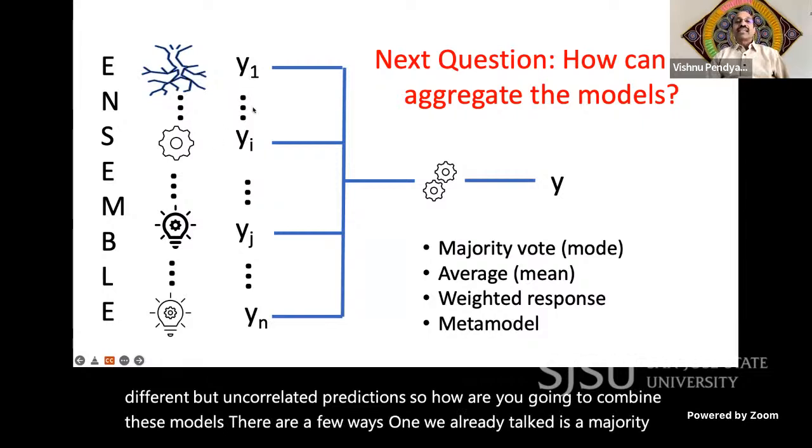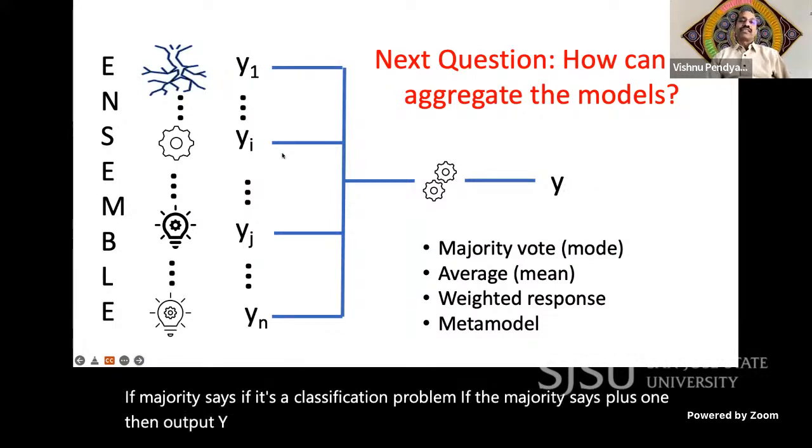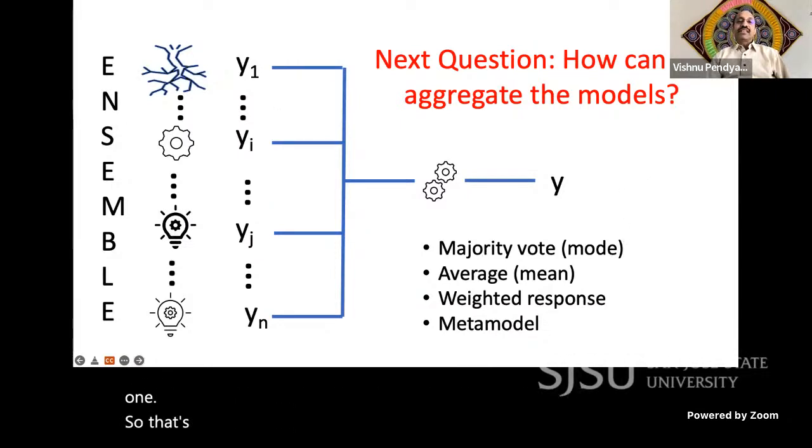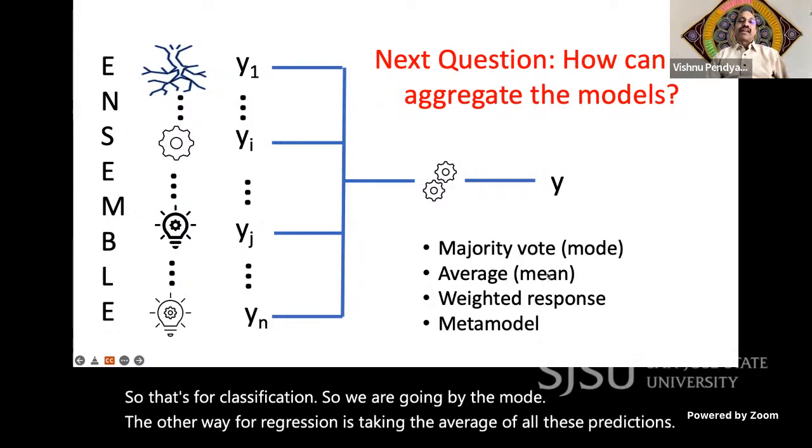If it's a classification problem and the majority says +1, then output +1. If the majority says -1, output -1. So that's for classification; we are going by the mode. The other way, for regression, is taking the average of all these predictions. So we are using the mean.